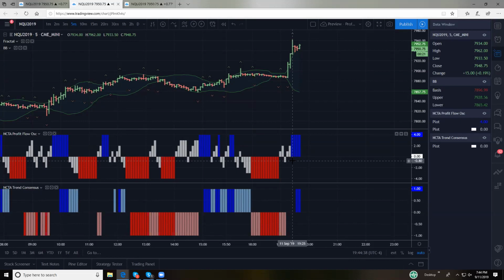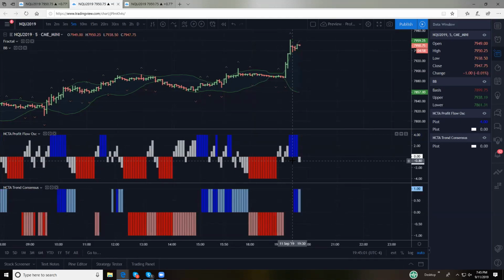Now, along the way, I'm sure Michael locked in 5 points, or if it got out beyond 10, would lock in 10 points, because you just don't want them to come back against you. If you have 10 points of profit, locking in 5 makes a lot of sense so that it can't come back to being a losing trade.